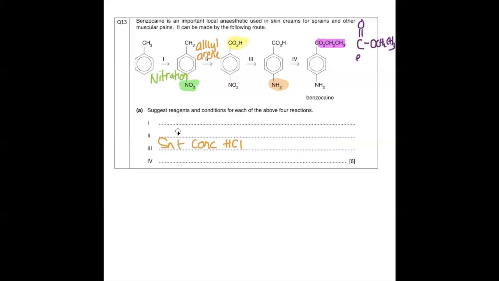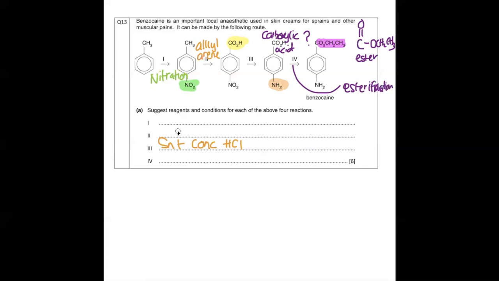So this is a carboxylic acid. You form an ester. What do you need the carboxylic acid to react with to form an ester? Okay, so that's what you have to figure out. So reaction 4 is esterification.